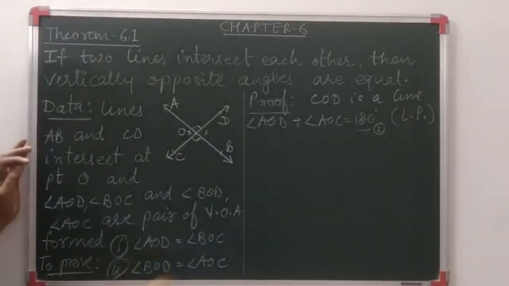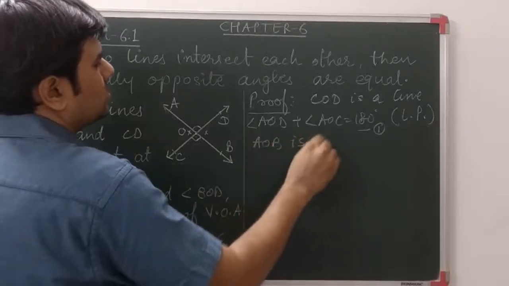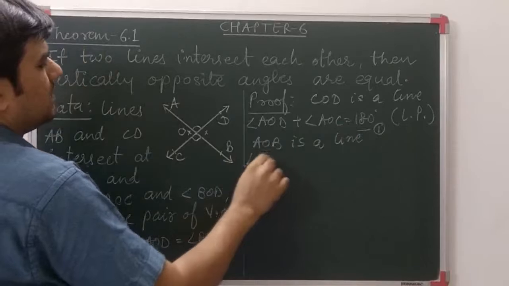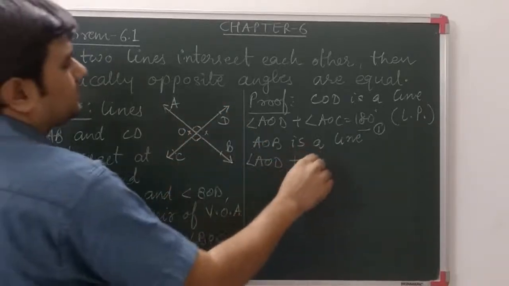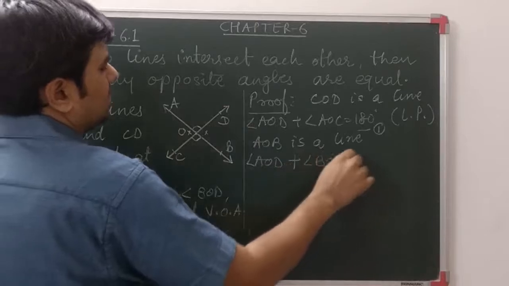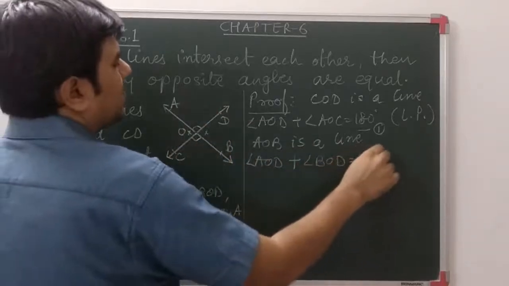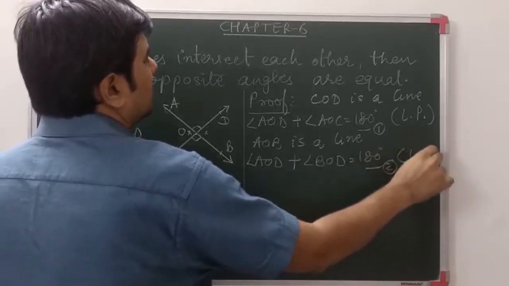The same way AOB is also a line. So we can say that AOD and BOD are also forming a linear pair. I'll give this equation number 2.